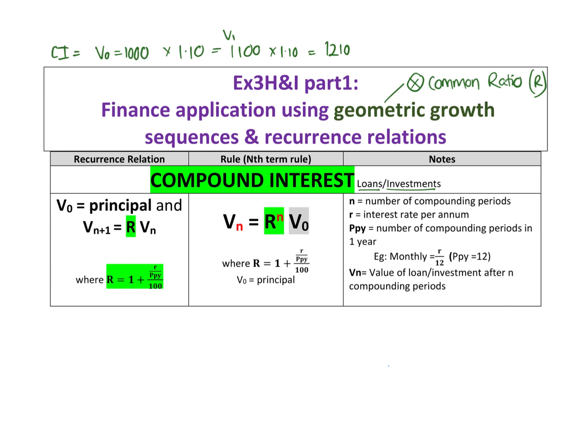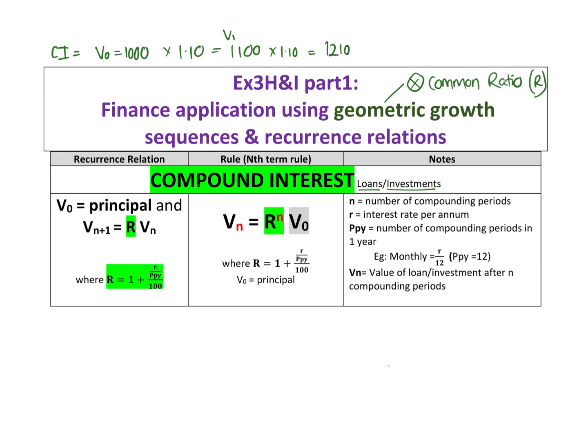Your super is an investment, it's compound interest. The things that are simple interest are generally little things like in a shop where you purchase on lay-by or pay later. That's generally a simple interest scenario, not compound, but everything else is.